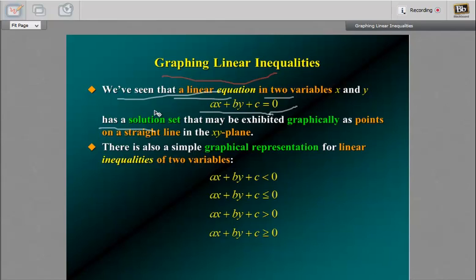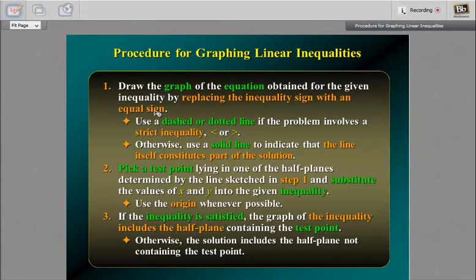It may exist graphically as points on a straight line in the xy plane. So there is also a simple graphical representation for linear inequalities of 2 variables. There are equations of the line ax plus by plus c. So how can we represent the line? These are the rules given for how we can draw the line.